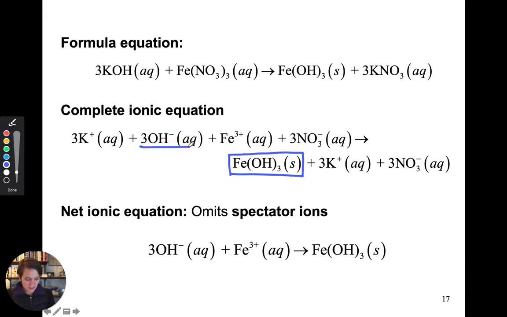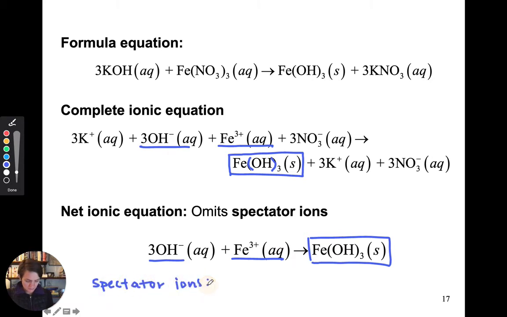I underline the species in the reactants that are represented in that solid. And then I just rewrite it. If I had a question of what are the spectator ions, my answer would be potassium and nitrate.